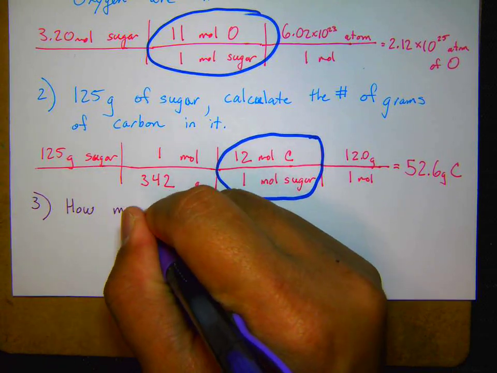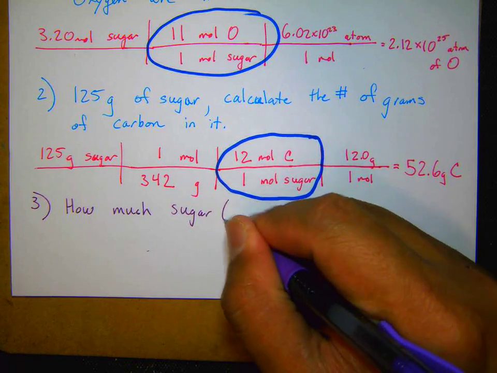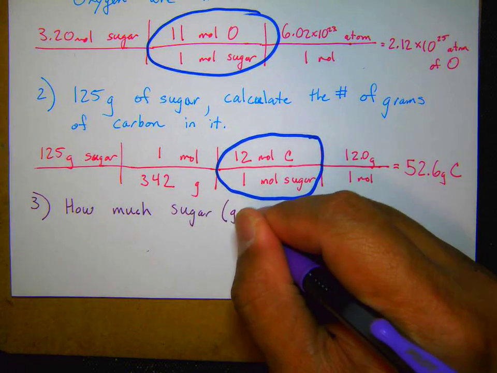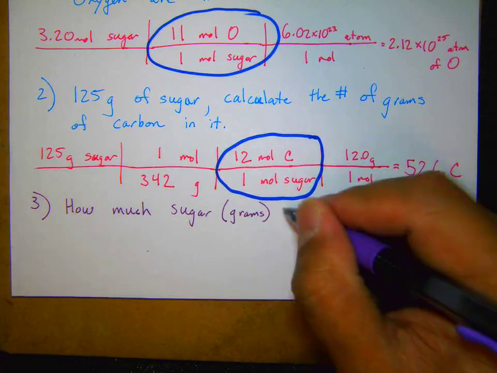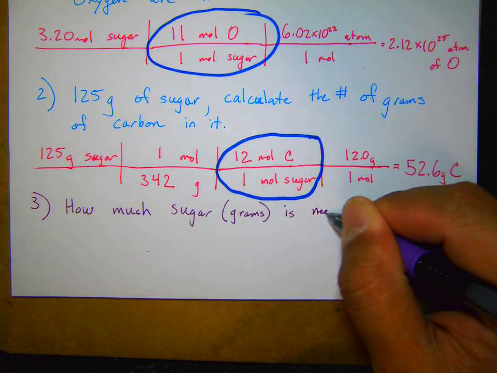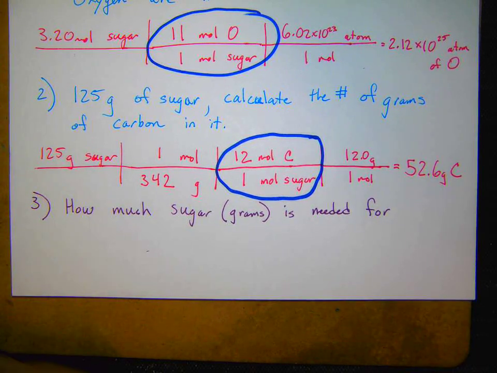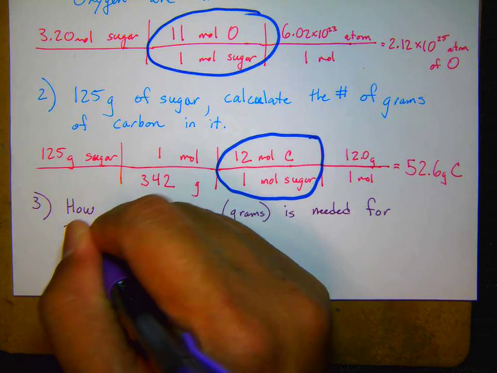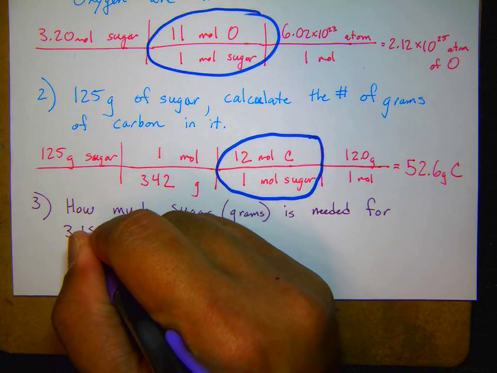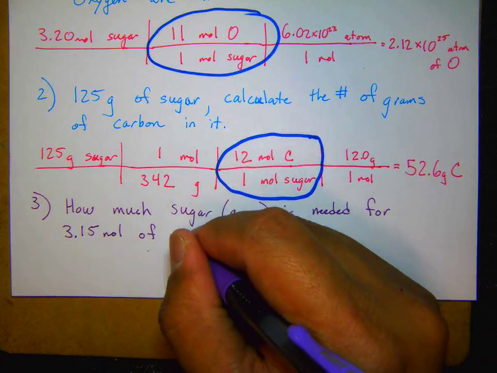How much sugar, in grams? So how many grams of sugar is needed for, let's say, 3.15 moles of carbon.